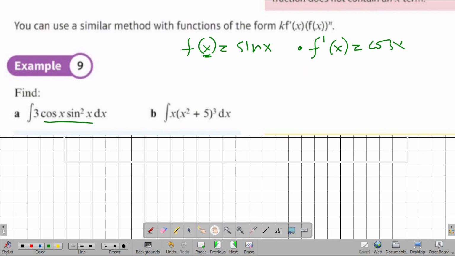This is the pattern I want you to see. It's the integral of 3, with sine of x as f of x, so this is f prime of x, and 3 is here, then f of x to the power of 2 dx.